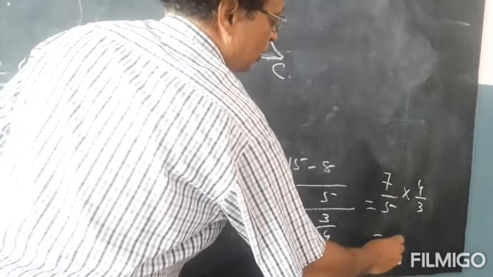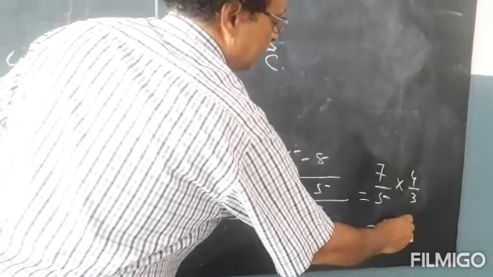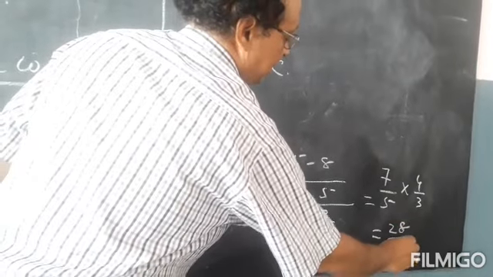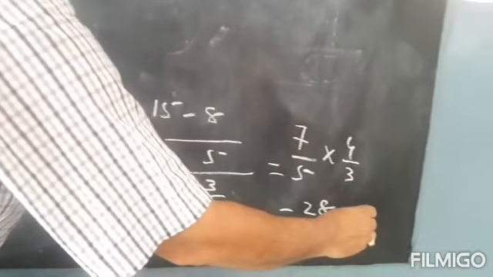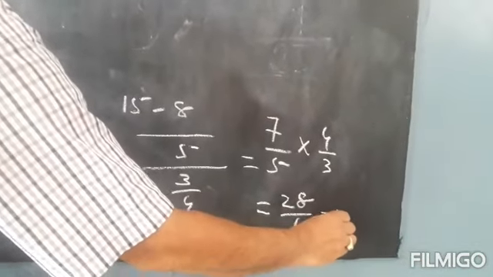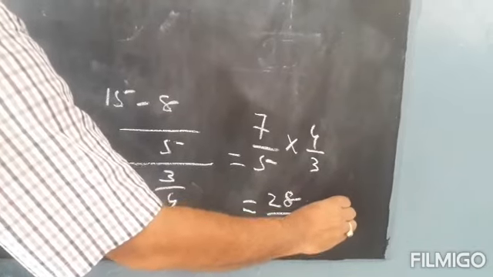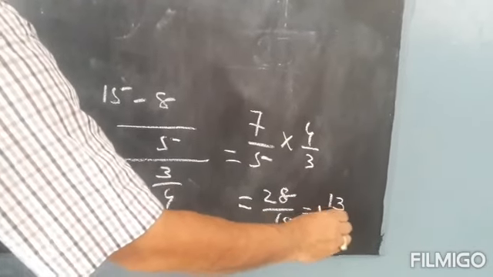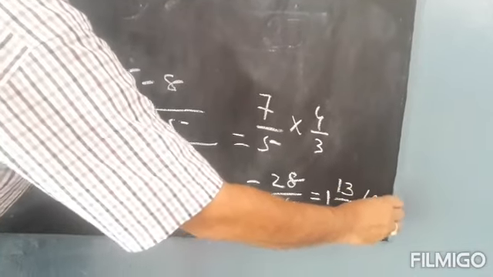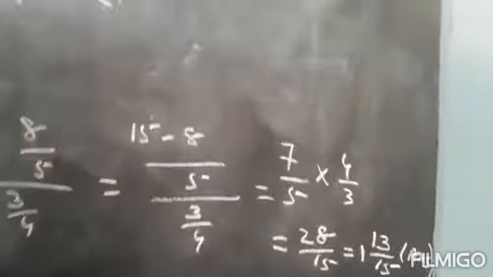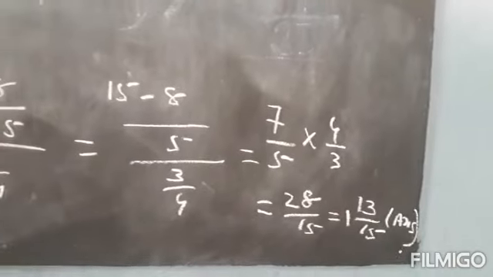Now that is equal to 28 by 15. You should not leave it like this in improper fraction. Change it into mixed fraction. 1 whole 13 by 15. So this is your answer. Correct? So this is the solution for this.